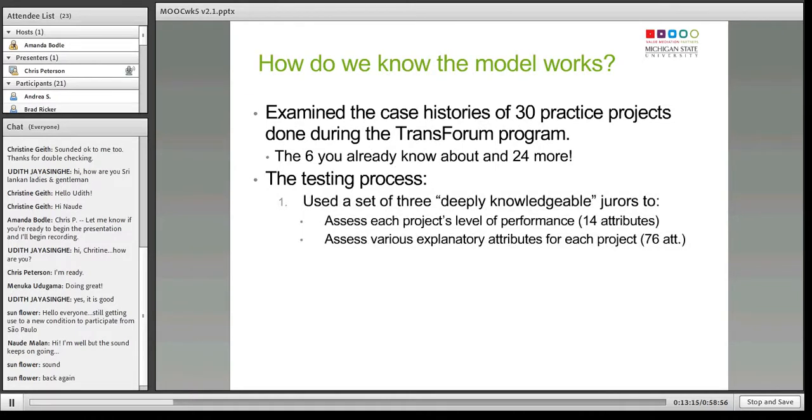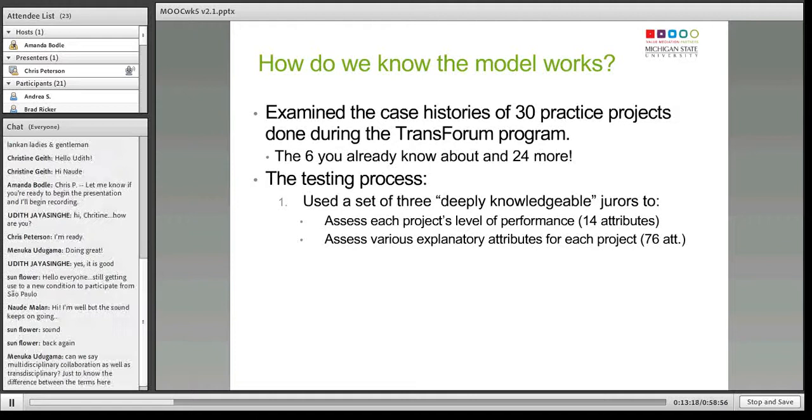And so who constituted the 3 jurors changed depending upon the project that we were looking at.